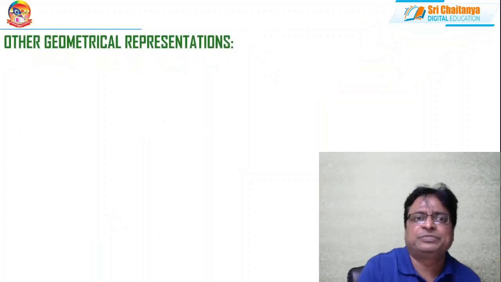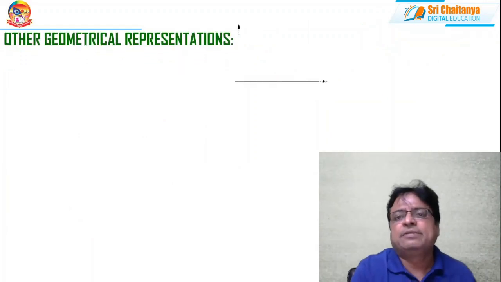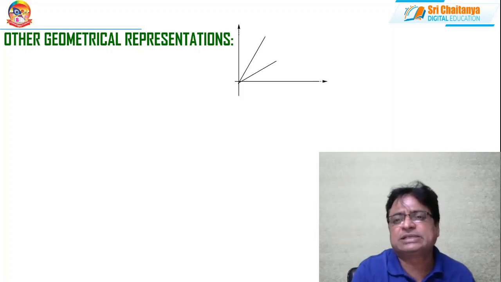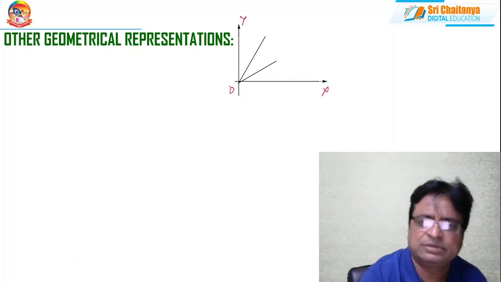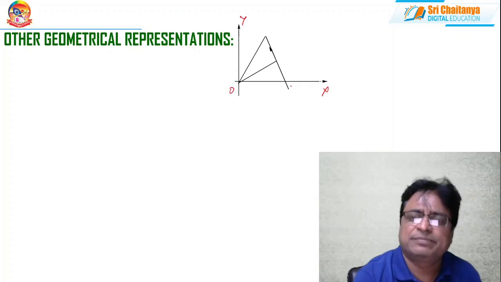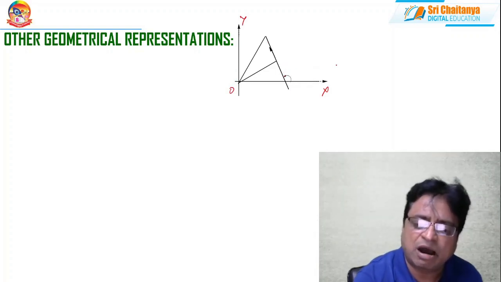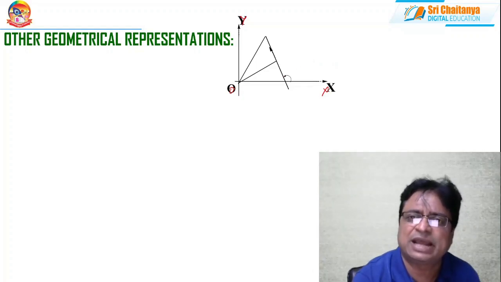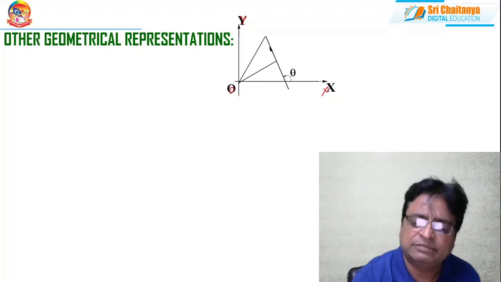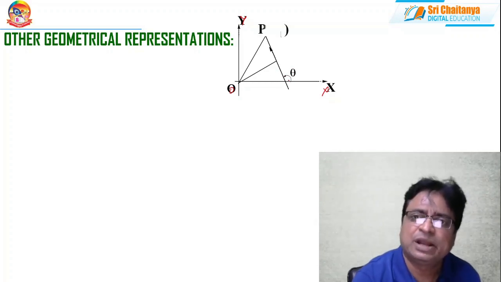Now coming to the other geometrical representations. My friends, please try to understand the diagram. This is the x-axis and this is the y-axis. This is the origin, and this is the line which is making an angle theta in the anti-clockwise direction. This is called the argument.